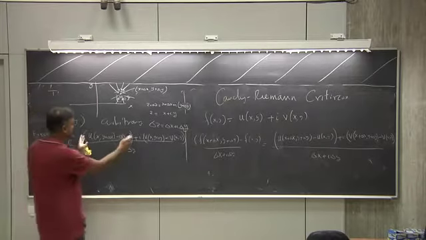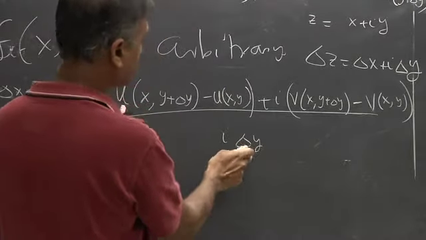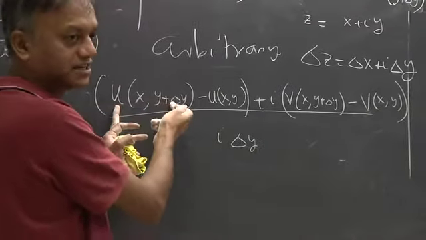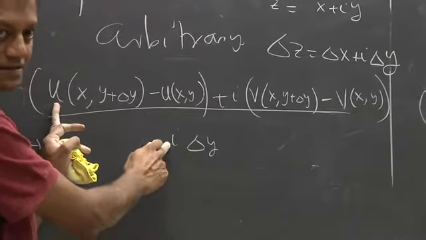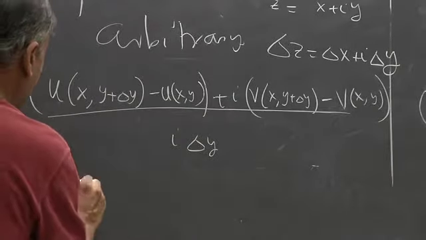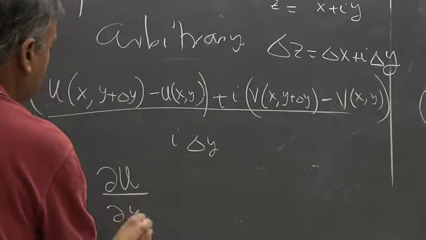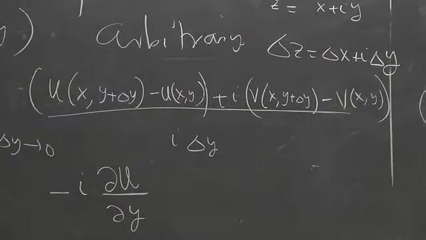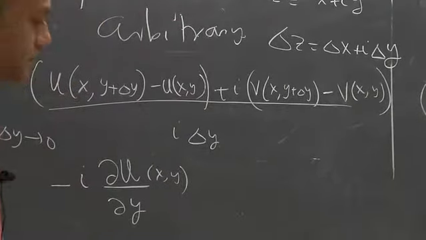So what am I going to get? You could look at this separately. This divided by that in the limit delta y goes to 0 is just the partial derivative of u with respect to y. But there's an i there, so minus i times the partial derivative du by dy at the point x y.